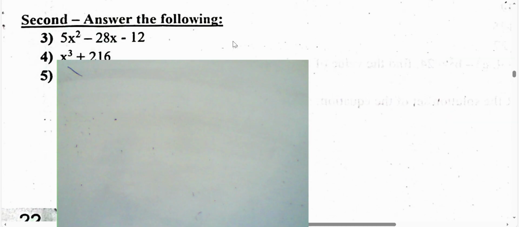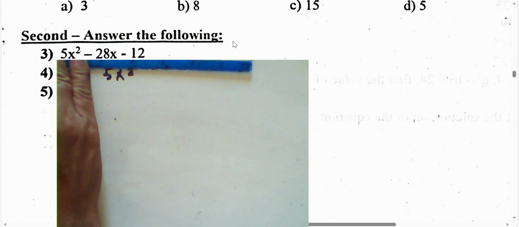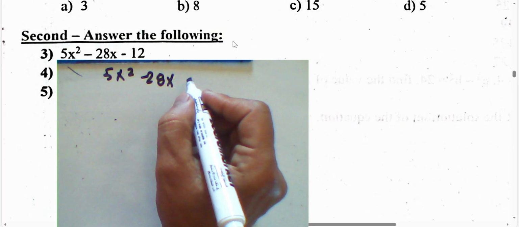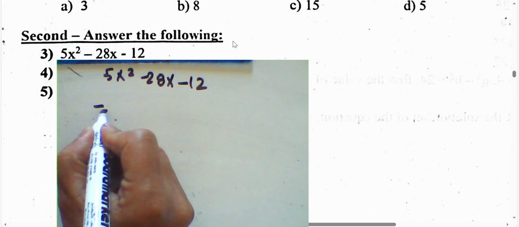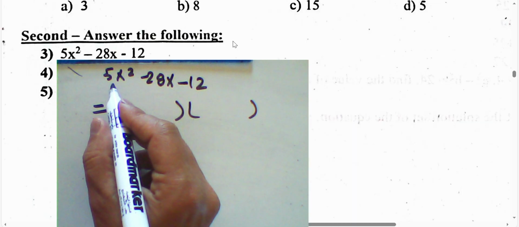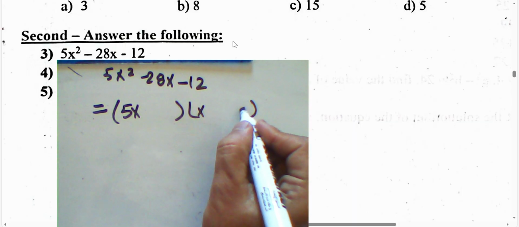Next question. 5x² − 28x − 12. We can factorize this expression into two brackets. 5x² equals 5x times x. 12 equals 6 times 2.